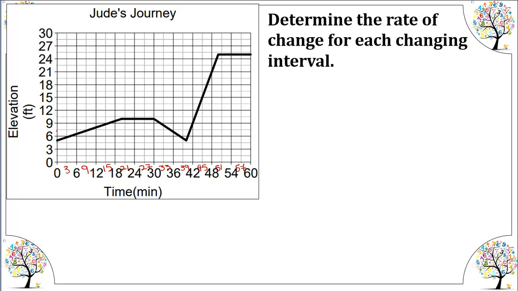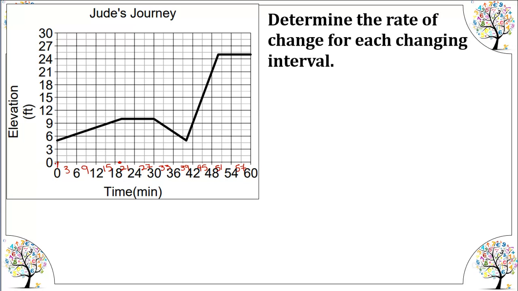So let's start out, and we are going from this point, from 0 to, it looks like this is hour 21. So let's say right here, let's call that hour 20.